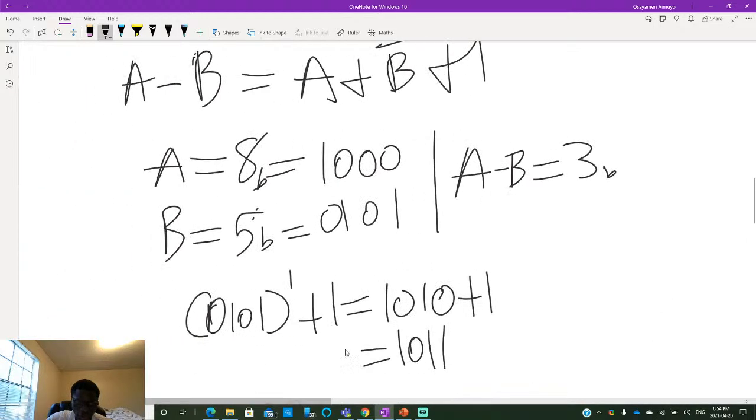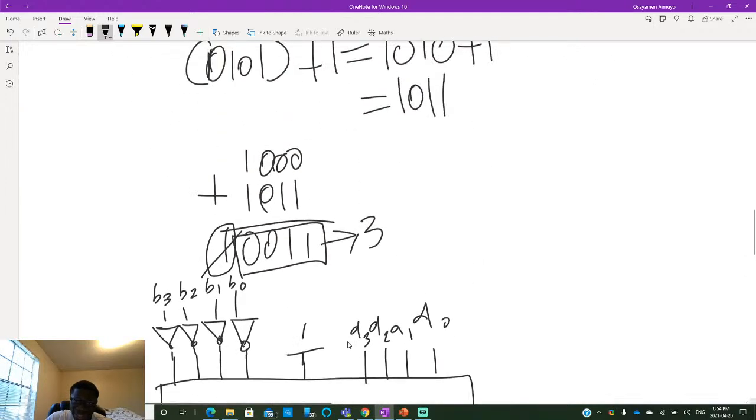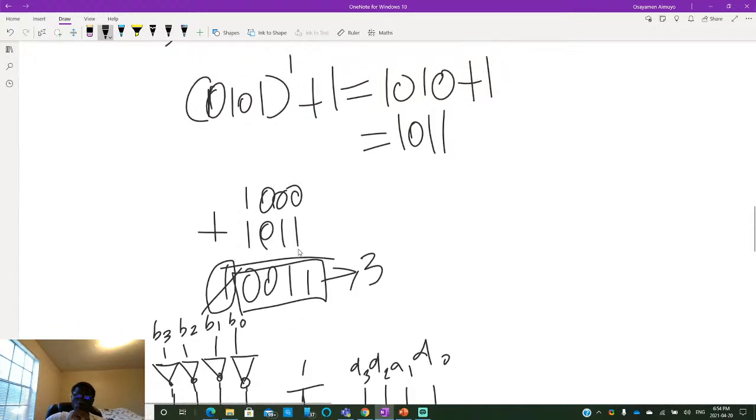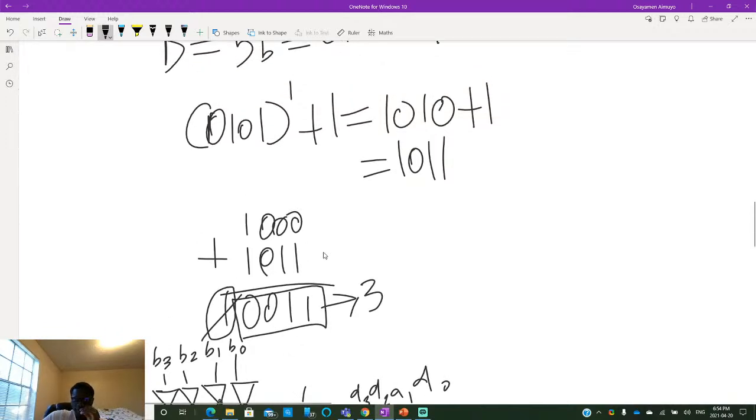You can try this for any input pair where A, the first number, is greater than or equal to the second, B. You would get a 1 here as a carry.